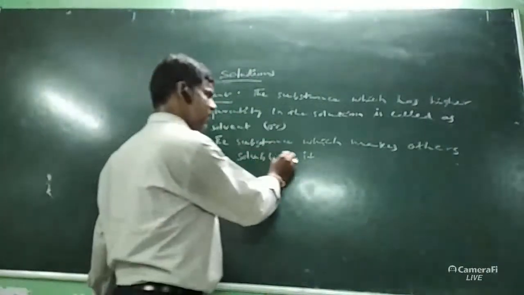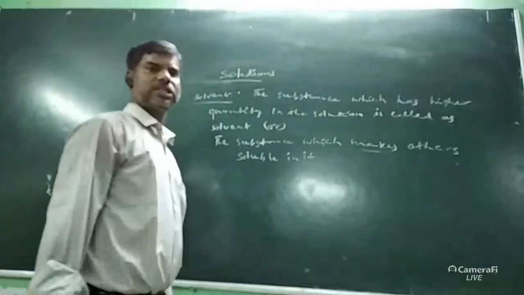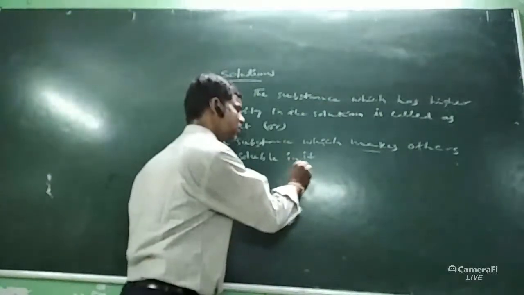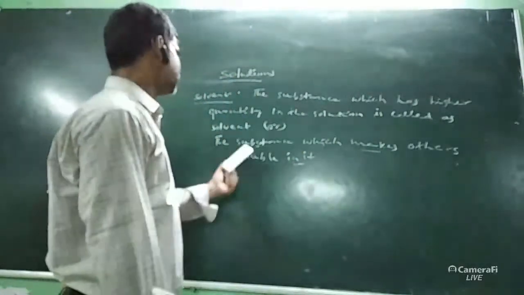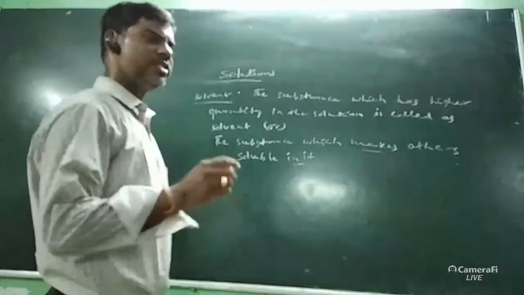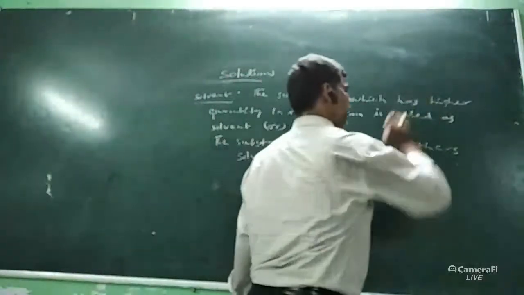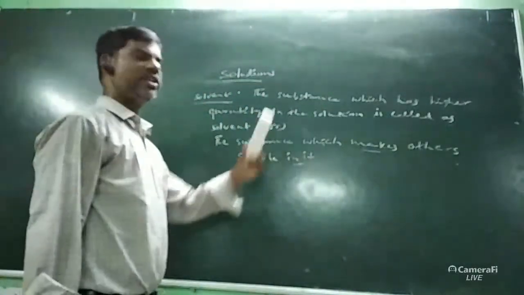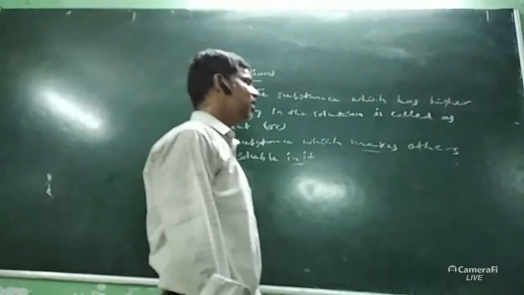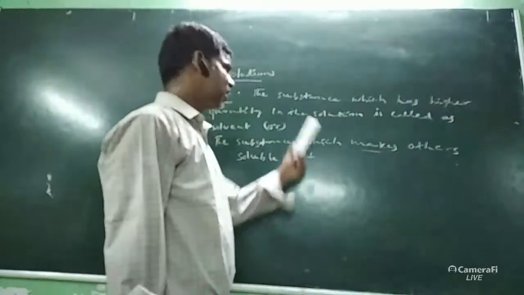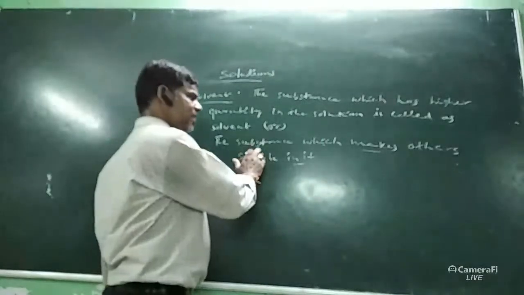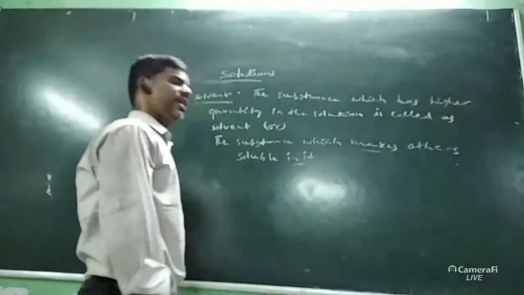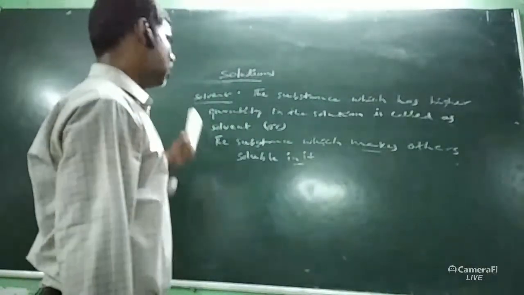So in general, the substance which has higher quantity is called solvent, but the definition will not be valid for all situations, for all cases. So the substance which makes others soluble in it is called solvent.